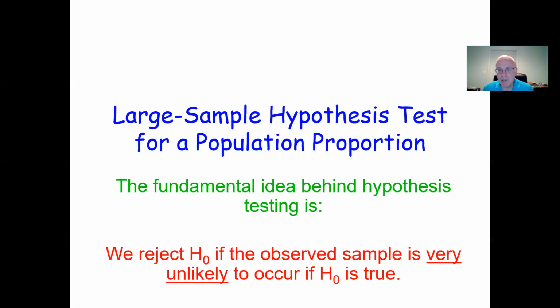Okay, so that's the 2 decisions. Either we reject the null hypothesis or we do not reject it. And also remember that if we do not reject the null hypothesis, it doesn't mean we accept it. Just like in a criminal trial, if we do not find the person guilty of a crime, it doesn't mean they didn't commit the crime.